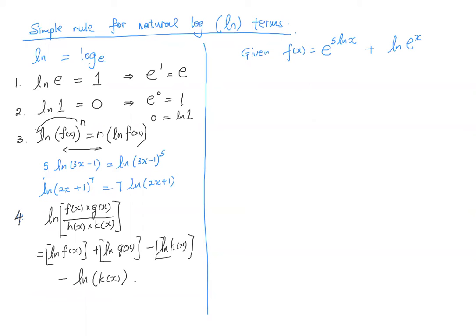Now find the slope function, that is f prime x, for f(x). Can you do this question without the simple rule for natural log, which I haven't taught you? Can you do it?